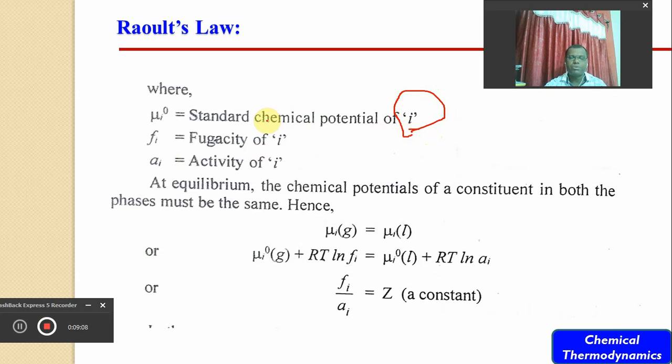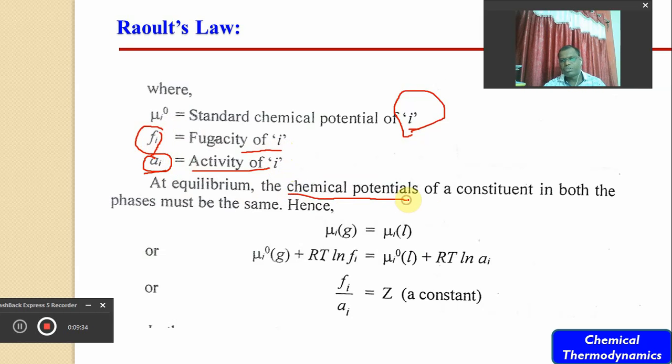Whatever chemical potential of the particular component is indicated by mu i, and the standard chemical potential is indicated by mu i zero, while Fi is the fugacity of that component and ai is the activity of the same component. The difference is that fugacity is the term applicable for the gaseous phase and activity is applicable to the solution phase. So at equilibrium, what happens?